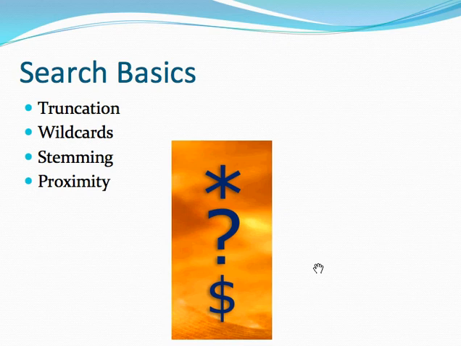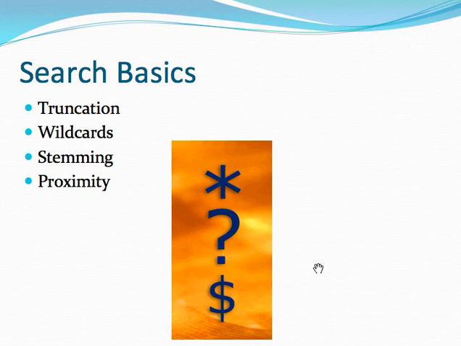So the idea here is that you read the instructions of each database and become familiar with the symbols for truncation or wildcards, because they are very important. Especially in truncation, you may only use the root of the word and then put the truncation symbol, and you will retrieve every document that has that root.